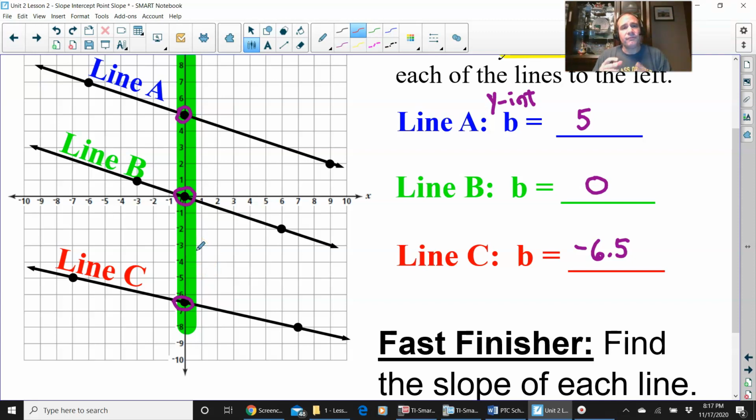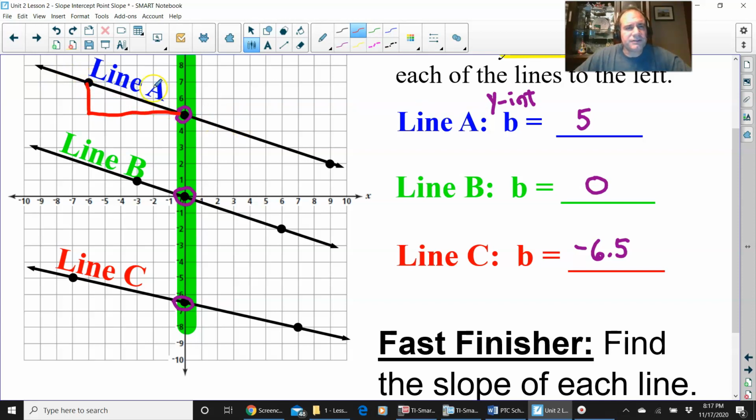I always go for the points that are closest together because it's easier to count. And I know that if I count across a whole graph, I might miscount. So for line A, I'm going to go down and to the right.